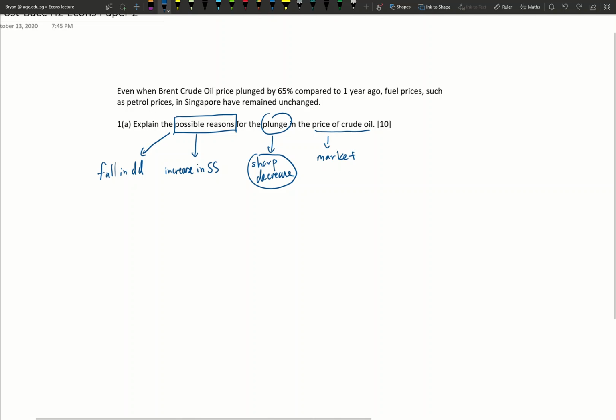And in this case, to talk about the extent of the decrease, we can either talk about PED or PES concepts, right, to help elaborate on the extent of the change in price. In this case, we want to say the sharp decrease.